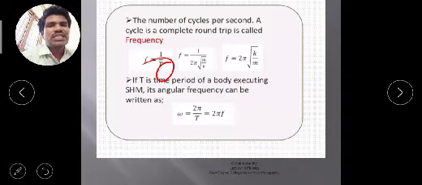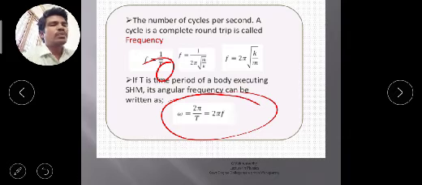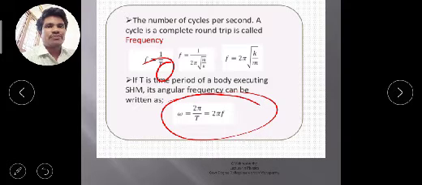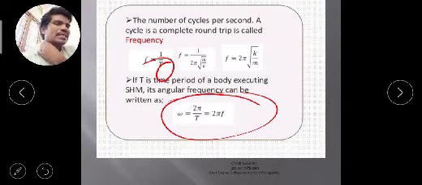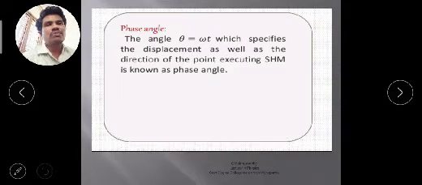If T is the time period of a body executing simple harmonic motion, its angular frequency can be written as omega is equal to 2 pi by T. Then we substitute T is equal to 1 by f, and we get omega is equal to 2 pi f. So these are the characteristics of the simple harmonic oscillator: the time period, the frequency and the angular frequency.